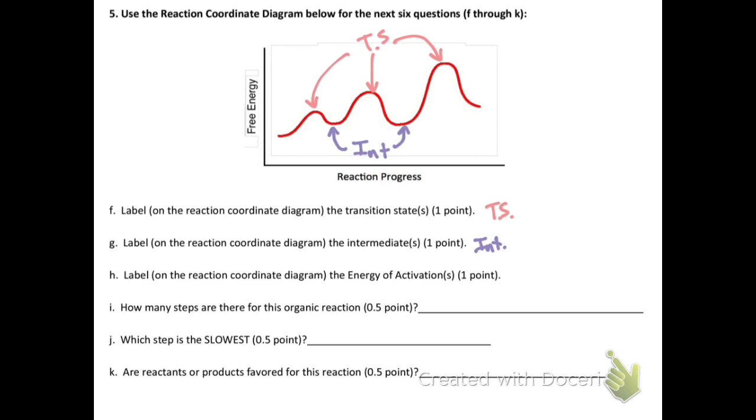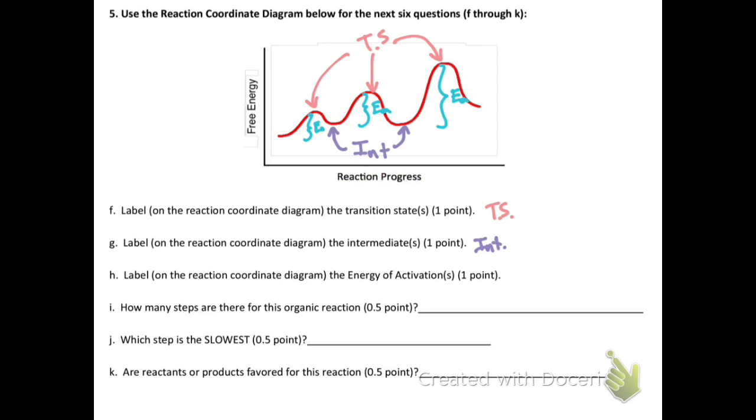Next it says label the energies of activation. There are actually 3 steps here. This is the first one. Each step has its own activation energy, its own energy barrier. You can really think of chemical reactions as hills, kind of like rolling a ball up a hill. It always takes energy to roll a ball up a hill.